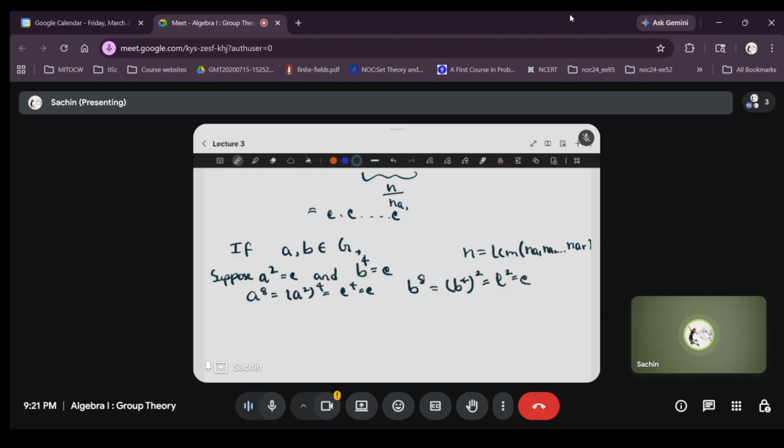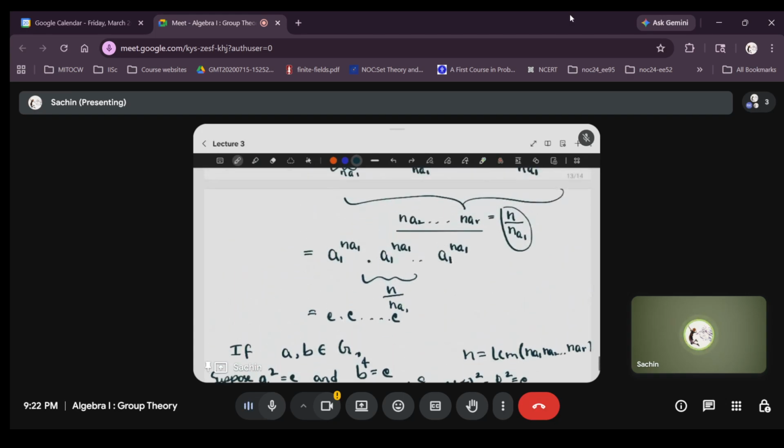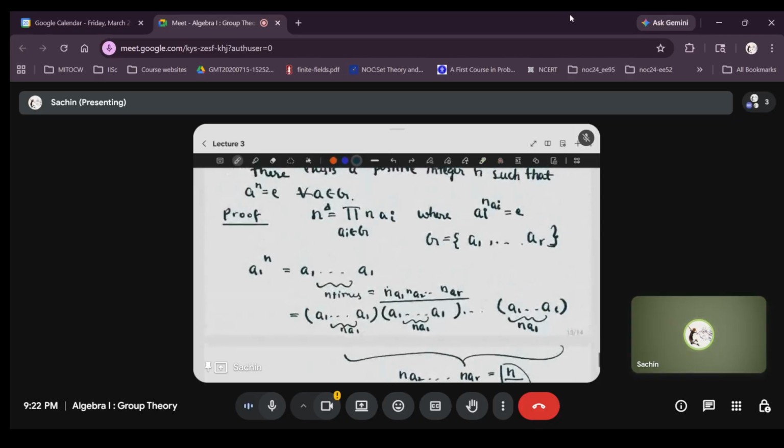But the LCM would also have worked because the LCM of 2 and 4 is 4. So a power 4 is a square squared, which is e squared, which is e, and b power 4 is e. That is given. So the product of those integers or the LCM of those integers, both will work.